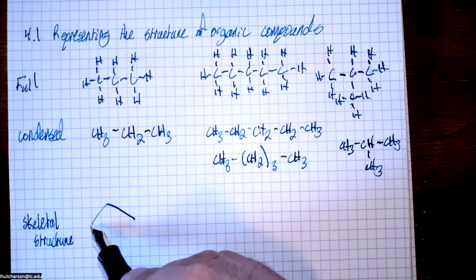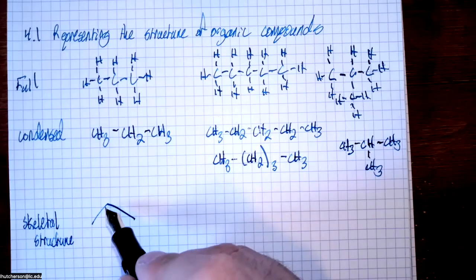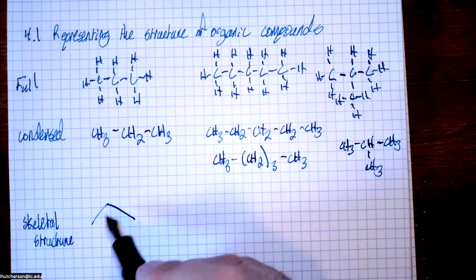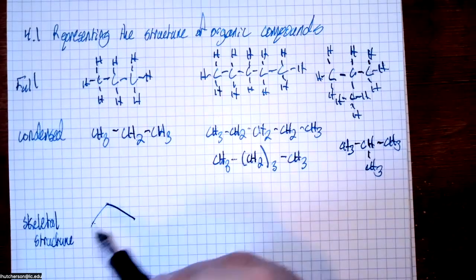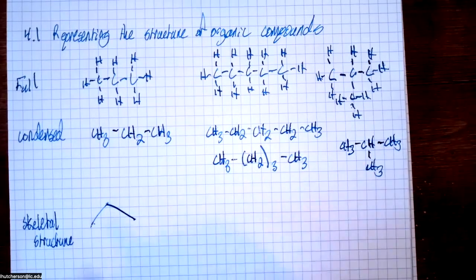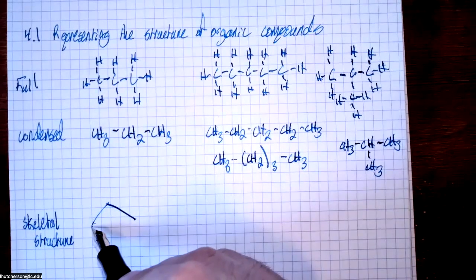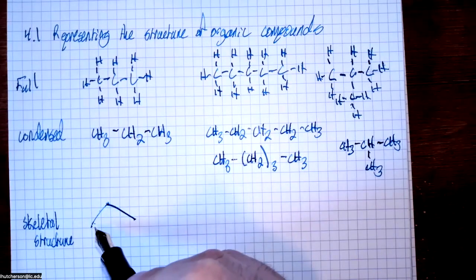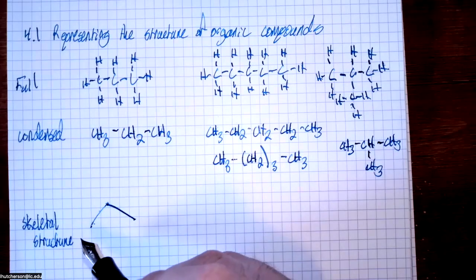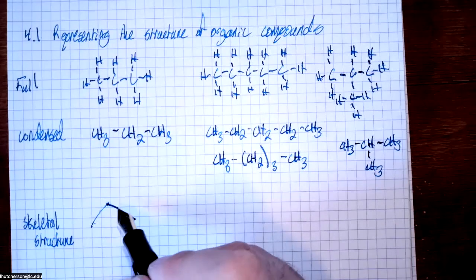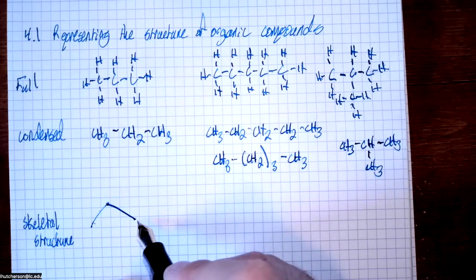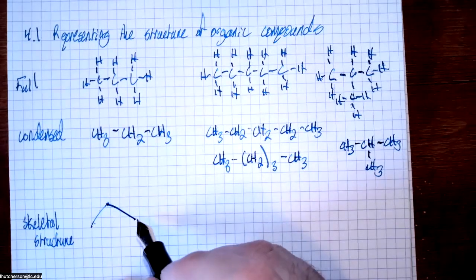In a skeletal structure, any end or any bend represents a carbon. Ends and bends are carbons. So carbon here, carbon here, carbon here. We understand, because we only show 1 bond to carbon here, that we have 3 hydrogens on this. We understand, because we show 2 bonds here, that we have 2 hydrogens. Understand, because we show 1 bond, that we have 3 hydrogens.